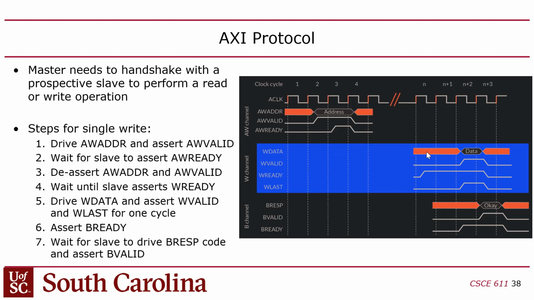There are different response codes. One of them is okay, meaning everything went fine. Another says something went wrong, there was an error. Make sense? It's kind of confusing, but that's the way AXI works, at least for a write.